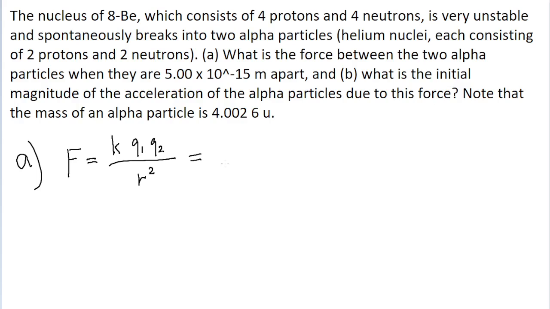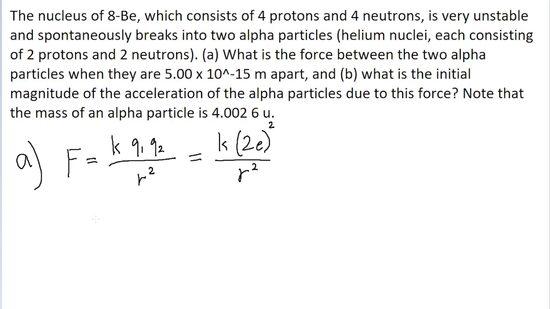So another way to represent Coulomb's law for this case is K multiplied by the charge on particle 1, which again is 2 multiplied by the elementary charge, so 2e. And this is also the exact charge of our second particle as well. So instead of writing times 2e again, I'll just square the 2e we already have, and then divide by r squared.